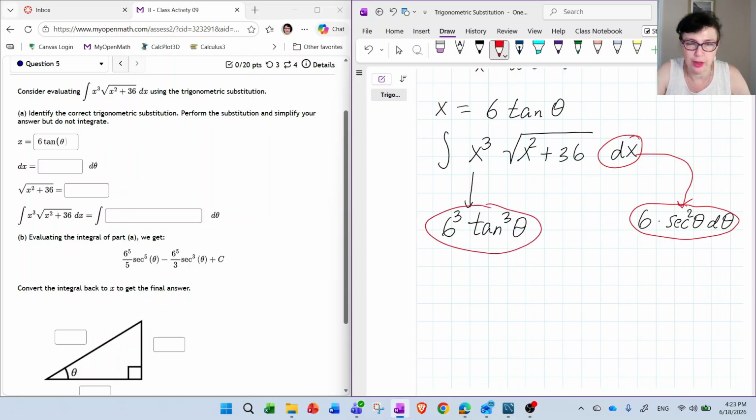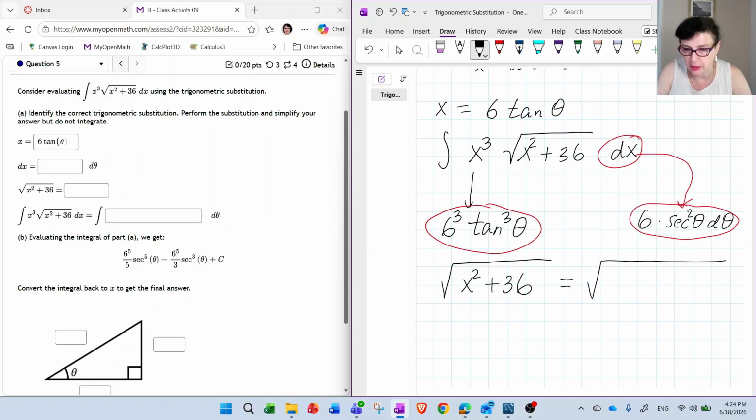But what about that square root of x squared plus 36? What will happen to that? Well, here you have to show me detailed work of what happens to the square root. And the reason why this substitution is going to be tangent is because this root we will be able to simplify it. Otherwise, if you tried something like sine or secant, this root will not be simplifiable.